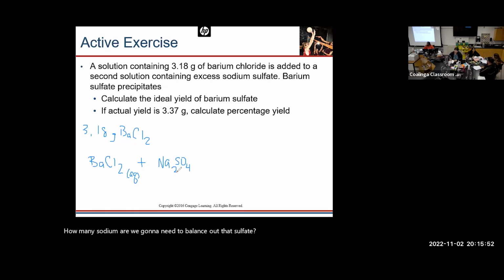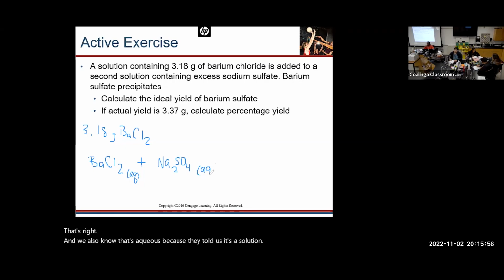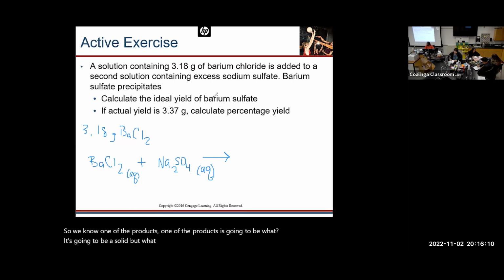We also know that's aqueous because they told us it's a solution. So we know one of the products is going to be a solid, but what solid? Barium sulfate.